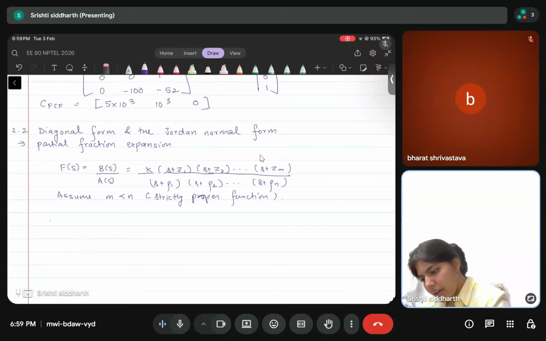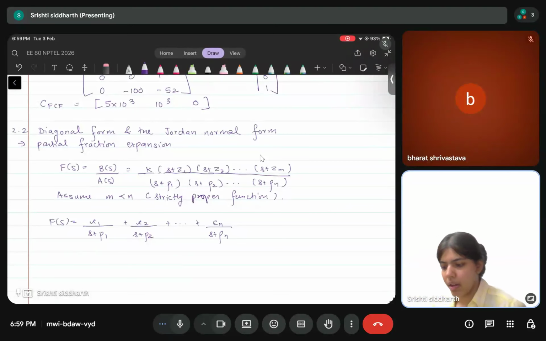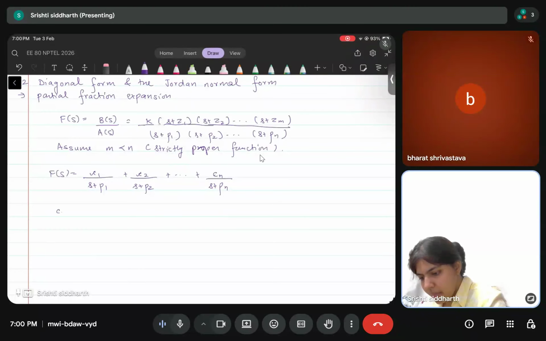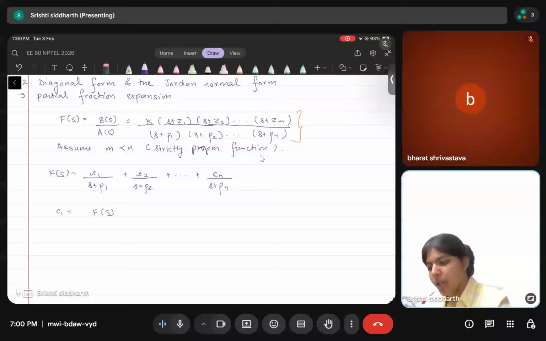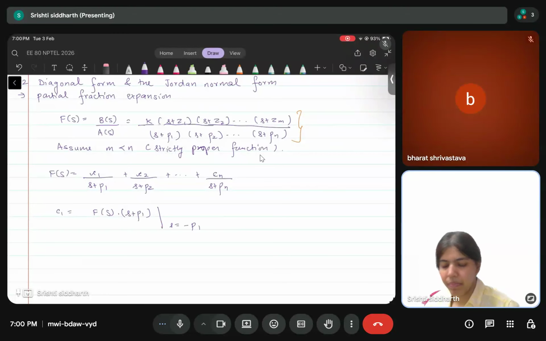Then you can always write F(s) as some constant c1 over s plus p1, and c2 over s plus p2, and so on till cn over s plus pn, where, for example, c1 is F(s) times s plus p1 evaluated at s equals minus p1.